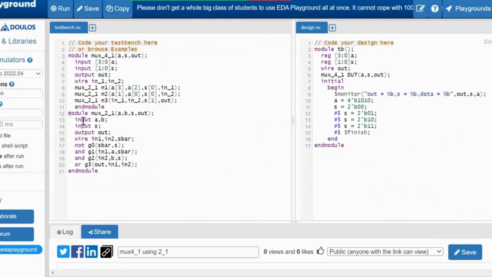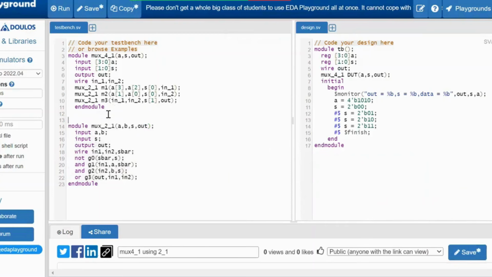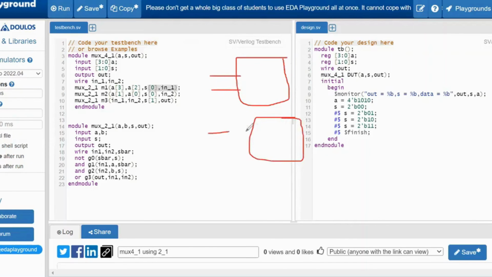And then by using the name of the multiplexer, we can take instantiations. So mux 2 1, name of the mux is M1, A of 3, A of 2, S of 0, in 1. Okay, suppose this is one 2 by 1 multiplexer, it has 2 inputs, and another 2 by 1 multiplexer, 2 inputs, 1 selection line.